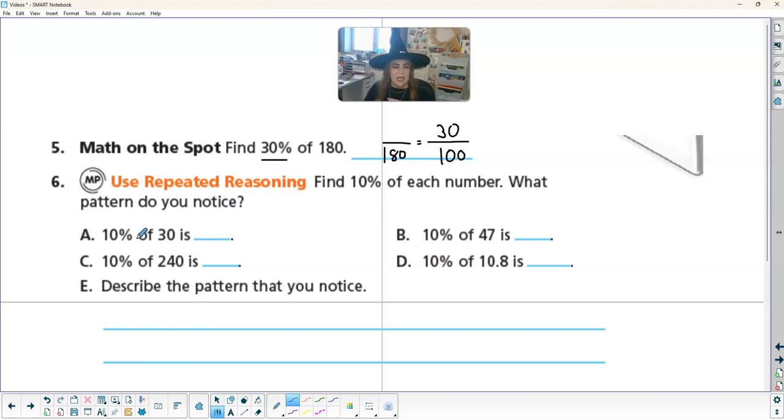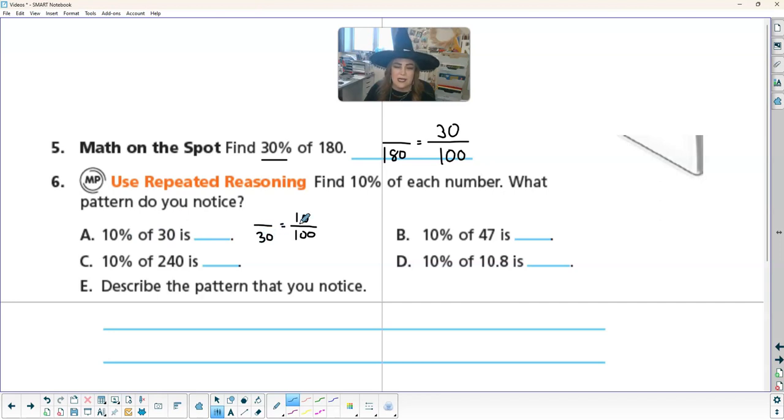This one wants 10% of these. So if you can find the pattern, great, and you already know how to do this, awesome, you do it. If you're not sure how to find 10%, we're going to set up the problem if this is one you choose to do. So we have 10% every time, out of 30, so 10% of the total 30.